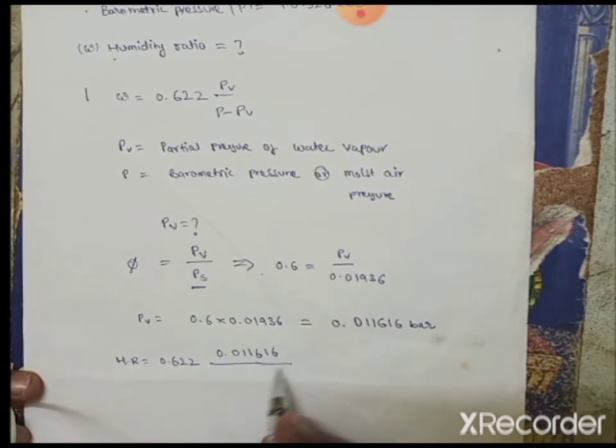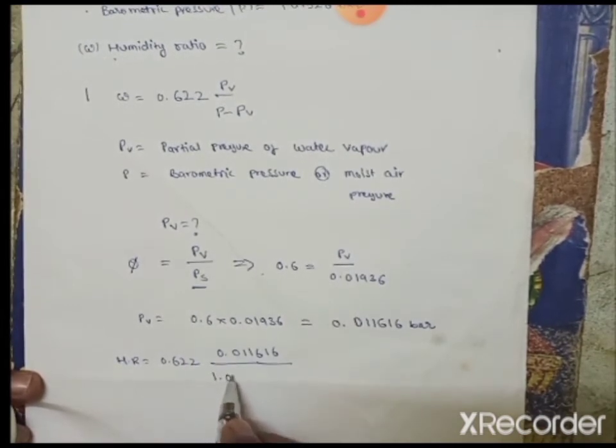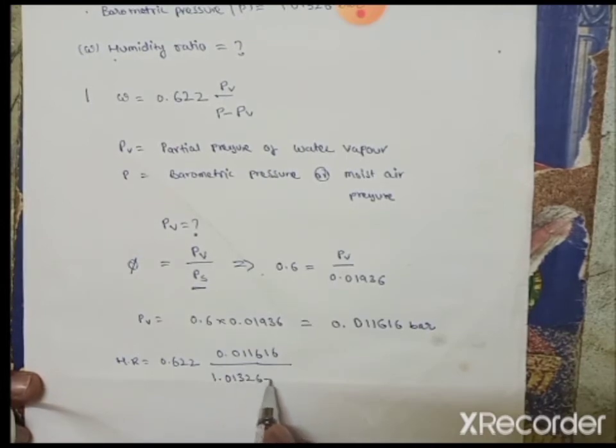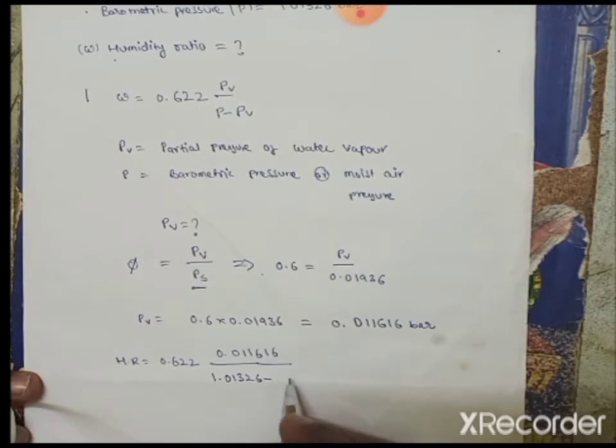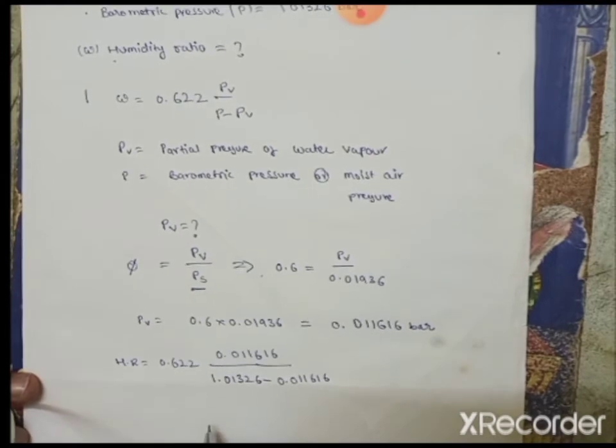The denominator, P, is the total pressure, 1.01326, minus the PV value, 0.011616.